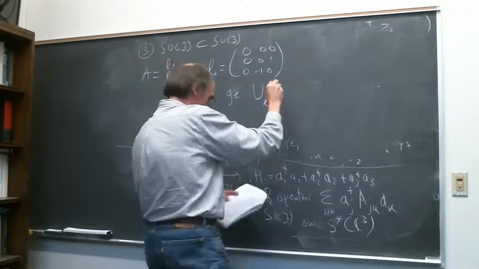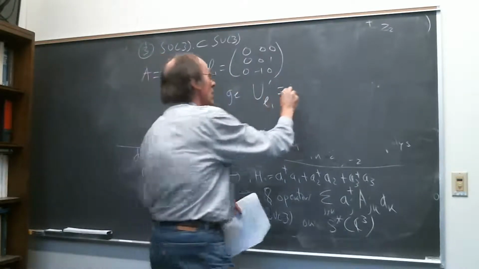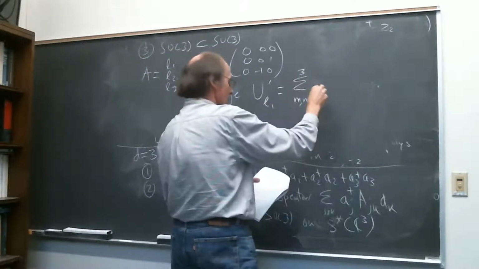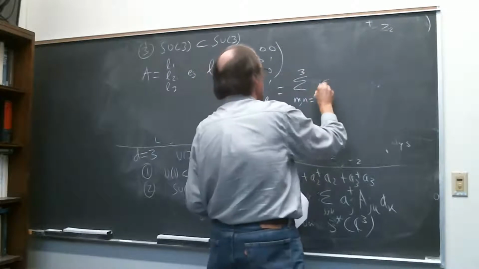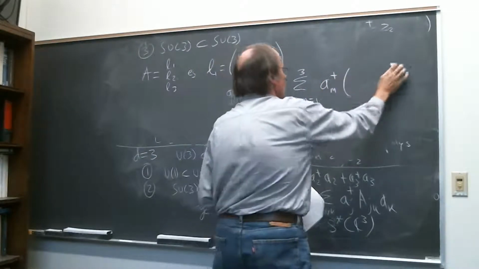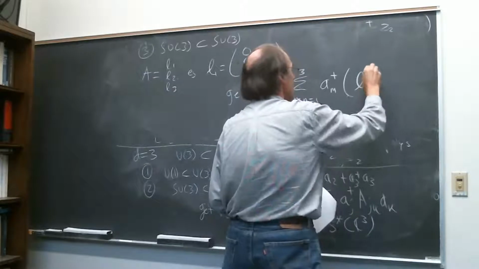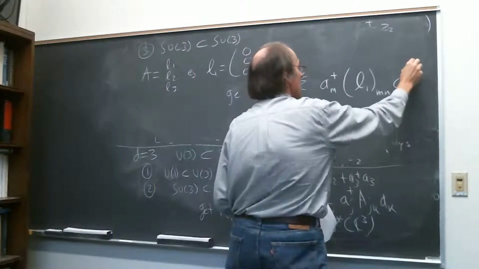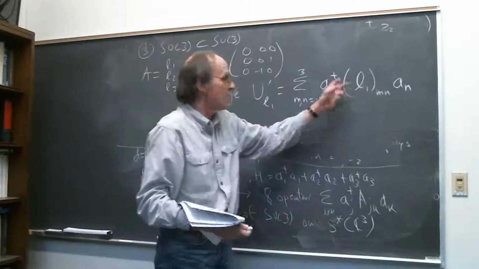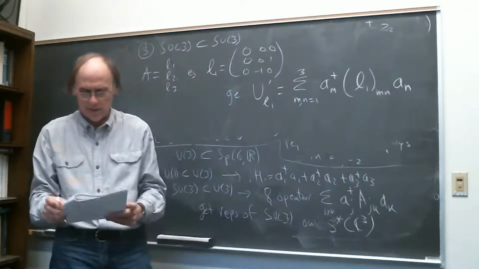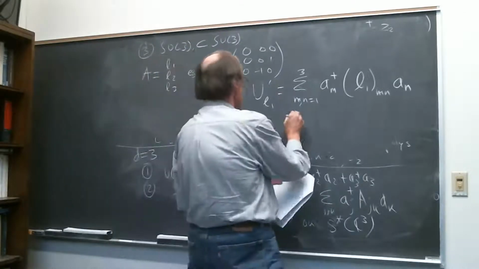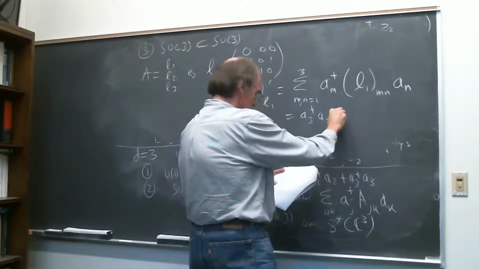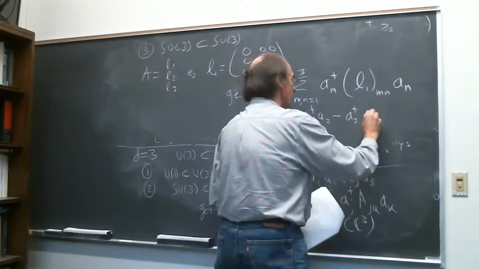U(L1), a sum from 1 to 3 of a dagger, then L1 with indices M, N. You can multiply this out and see it's A3 dagger A2 minus A2 dagger A3.